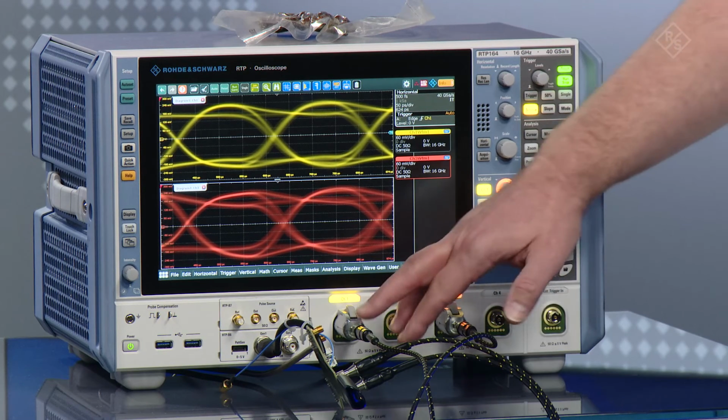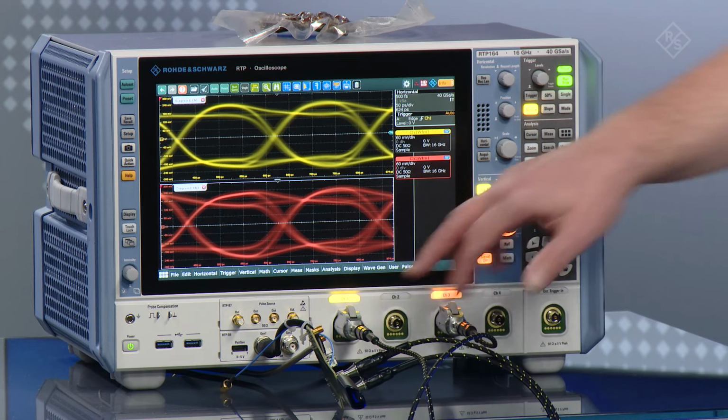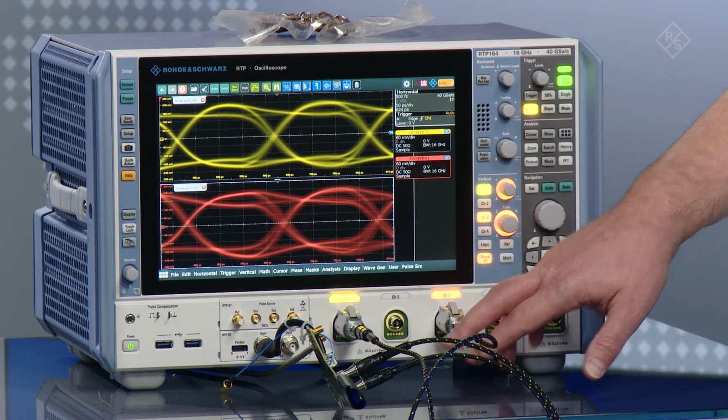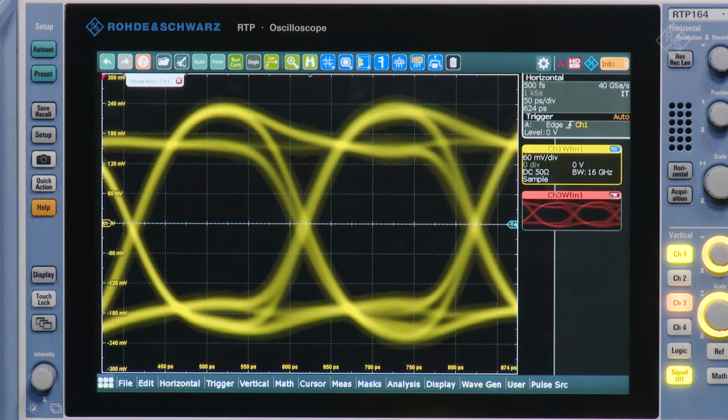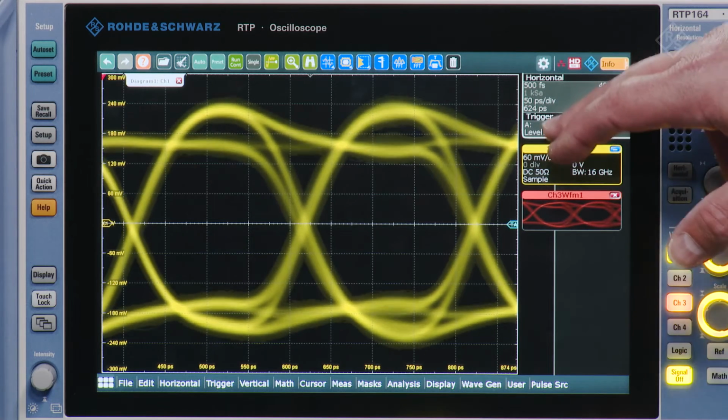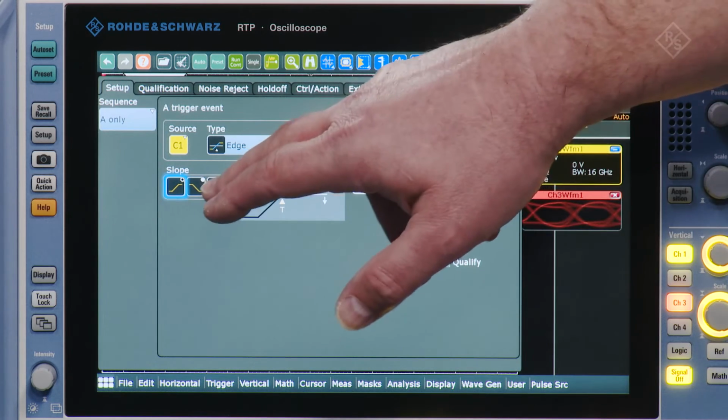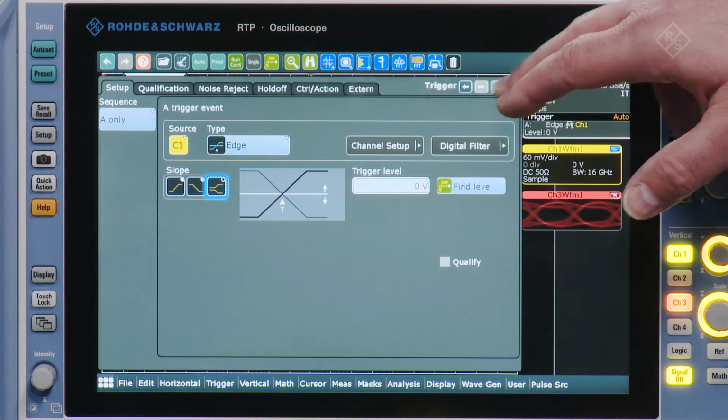As I said, I have the TX plus on channel 1 and the TX minus on channel 3. For the analysis, I just have channel 1. So I'm interested in the eye pattern. I need to turn on double edge, both edges, for the triggering.